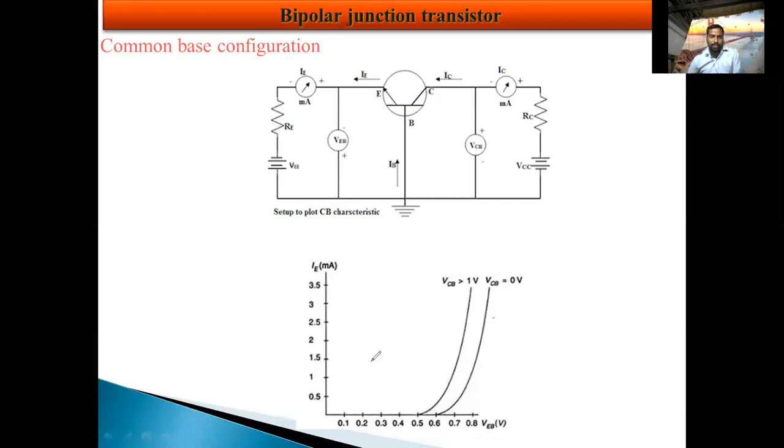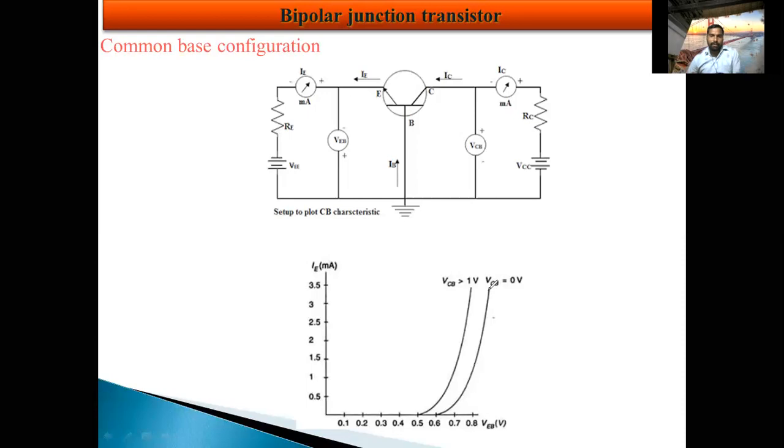Now here this curve is shown with VCB kept at a constant value V0. Now vary VBE from 0 to a certain value here. The corresponding IE value is noted and the graph is drawn. You have to see this curve.